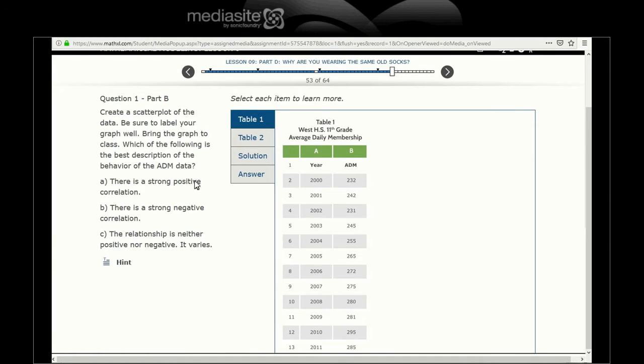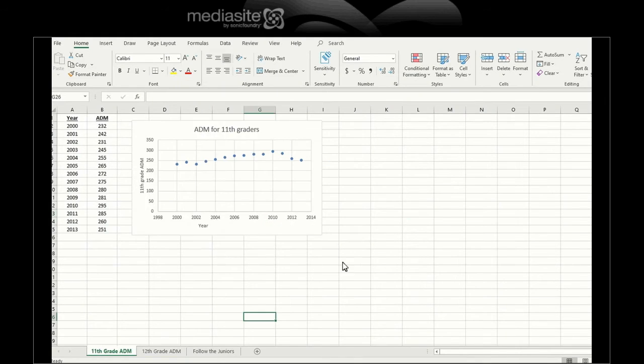Okay. So let's see. We have taken the question: is there a strong positive correlation, a strong negative, or neither positive nor negative? Now, the intent is, can the year explain the average daily membership?